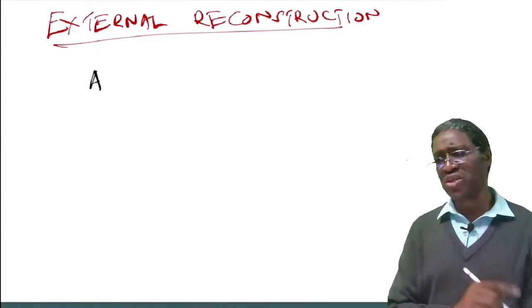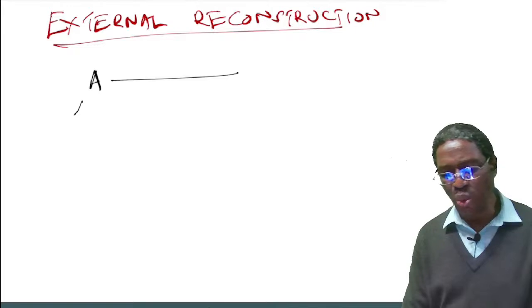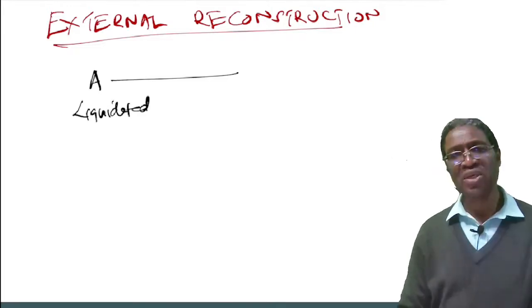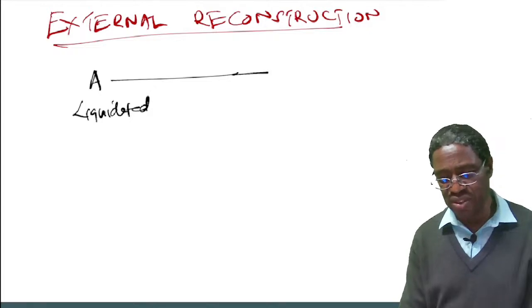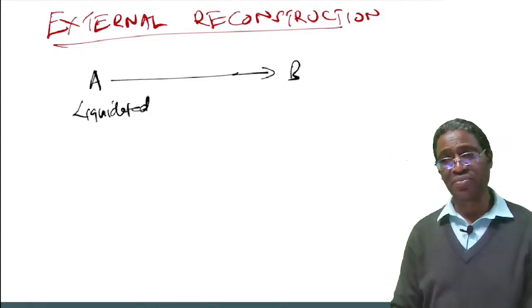So when it comes to external reconstruction, company A will be liquidated. Company A will have to liquidate themselves, and they will have to sell their business to another company. Let's call it company B.